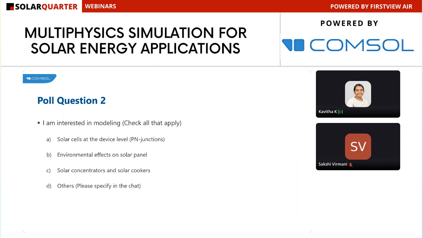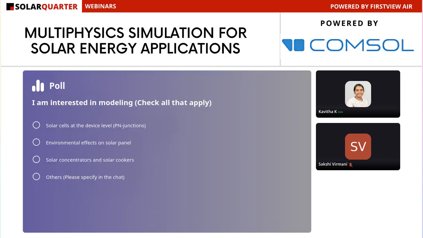By launching this poll question, we would like to know whether you are interested in modeling solar cells at the device level, that is at the PN junction level, or modeling the environmental effects on solar panels, or modeling solar concentrators and solar cookers kind of applications. If you are interested in any other kind of application, please specify that in the chat window.